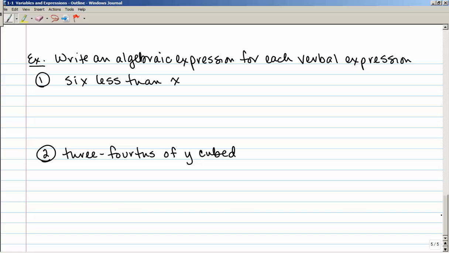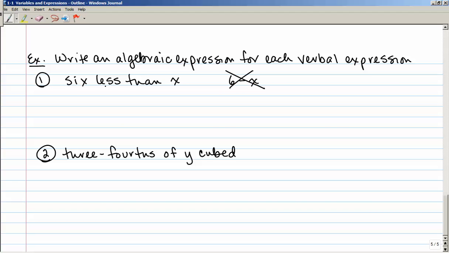And our last example here is going to take a verbal expression and turn it into an algebraic expression. And there really is generally only one way to do this. Number 1 says 6 less than x. Now you might think it's going to be 6 less than x, but it actually isn't. When we have the words less than, it's a little tricky.